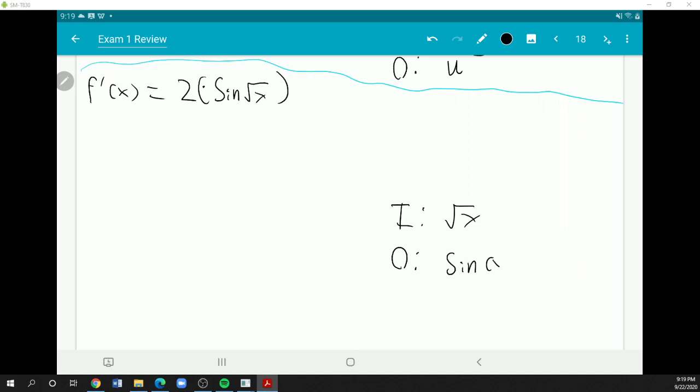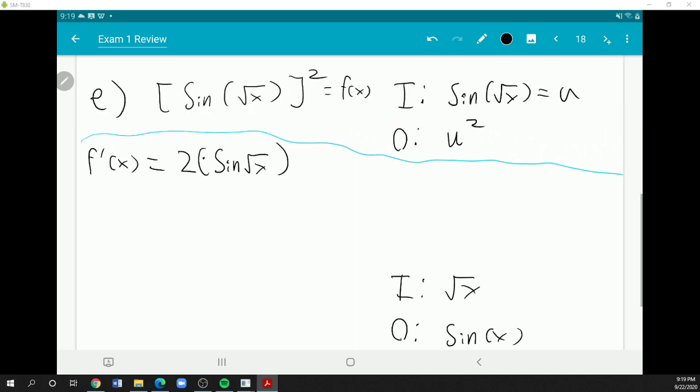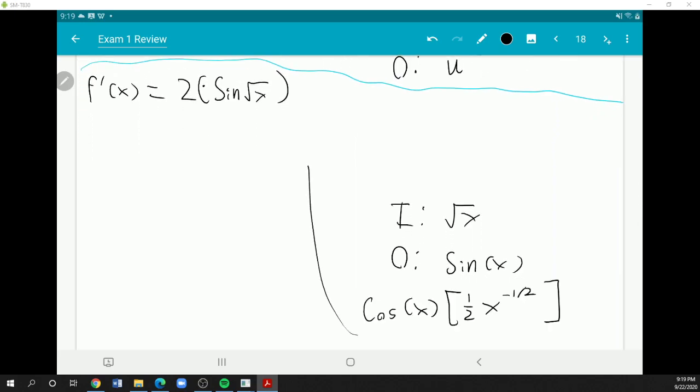My outside function is sine. So there I get derivative of the outside function is cosine of root x times the derivative of the inside function, which is 1/2 x to the minus 1/2. And now I just go through and put this up here. Times cosine root x times 1/2 x to the minus 1/2.